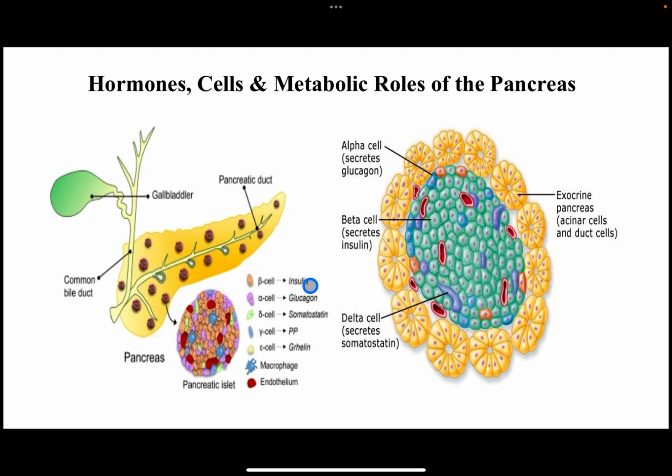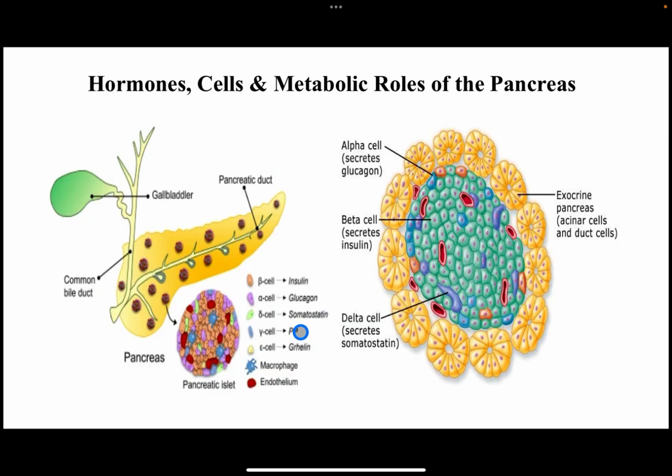The beta cells secrete insulin, and insulin works to decrease your blood sugar level. The alpha cells secrete glucagon, and glucagon works to increase your blood sugar level. The delta cells secrete somatostatin, which inhibits insulin and glucagon activities.